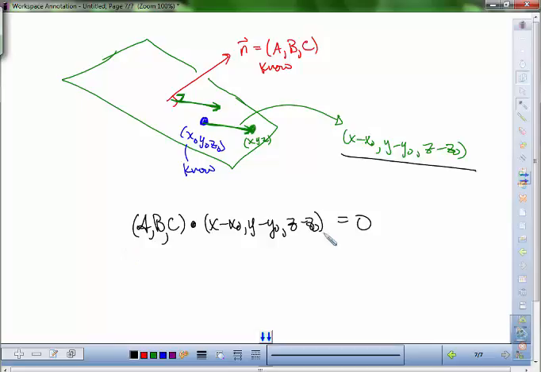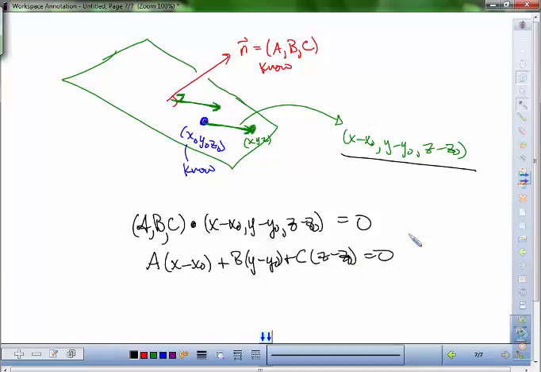So let's take the dot product. What's the dot product look like? It's A times x minus x naught, plus B times y minus y naught, plus C times z minus z naught, equal to 0.